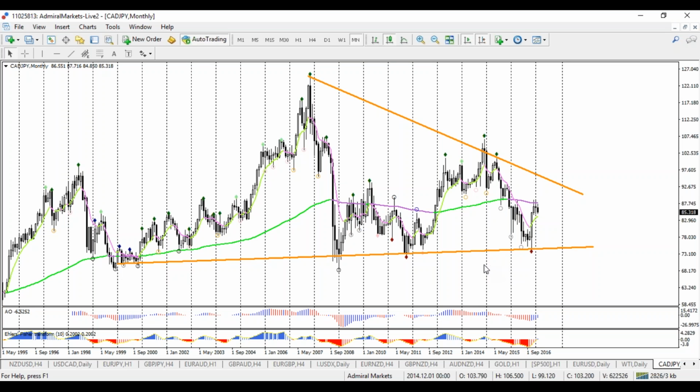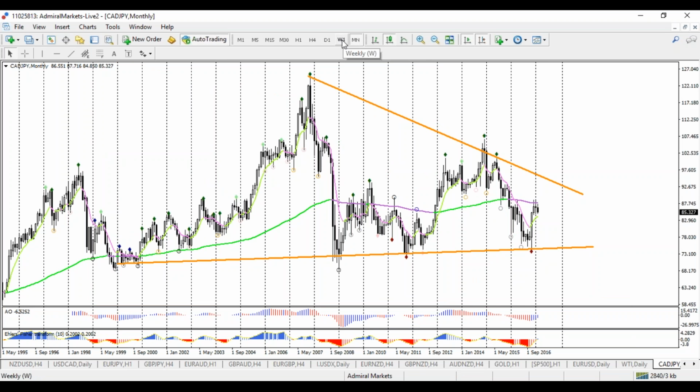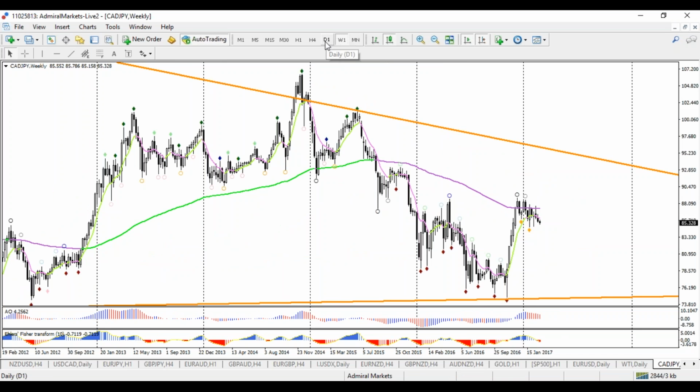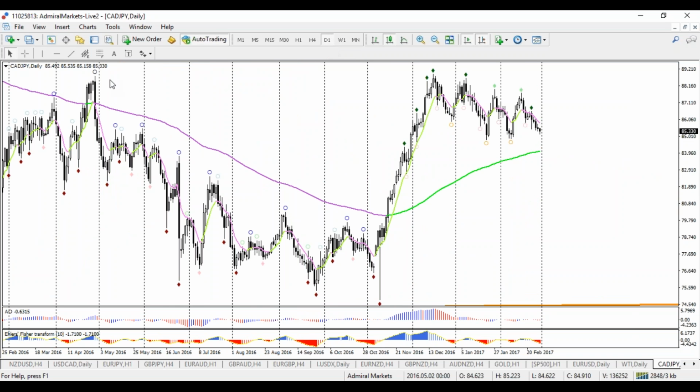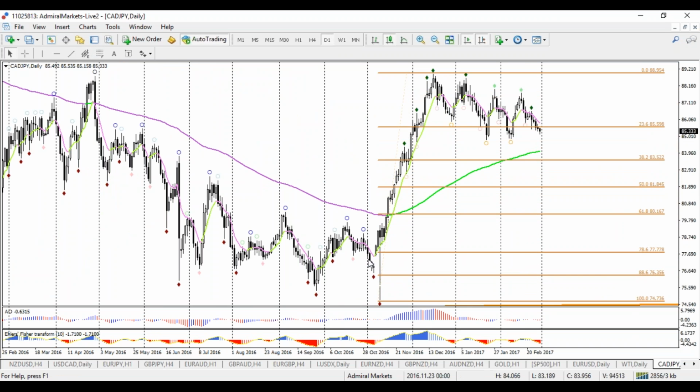And pretty choppy, but back at support, it bounced. The higher time frames look a bit odd, but from a daily perspective, it looks roughly the same as the dollar yen.